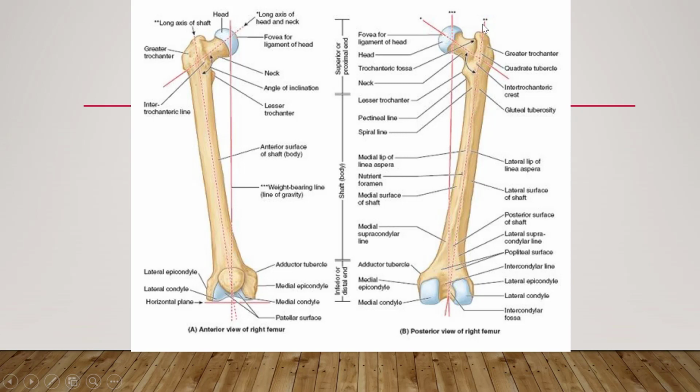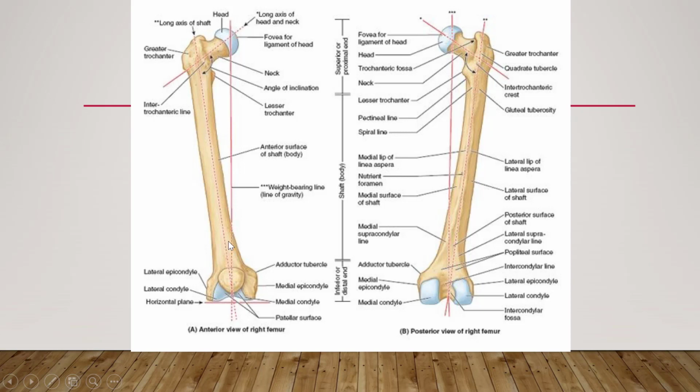The lesser and greater trochanters are also separated by a ridge on the posterior surface called the intertrochanteric crest. Line on the anterior surface and crest on the posterior surface. On the intertrochanteric crest there is a small tubercle called the quadrate tubercle.